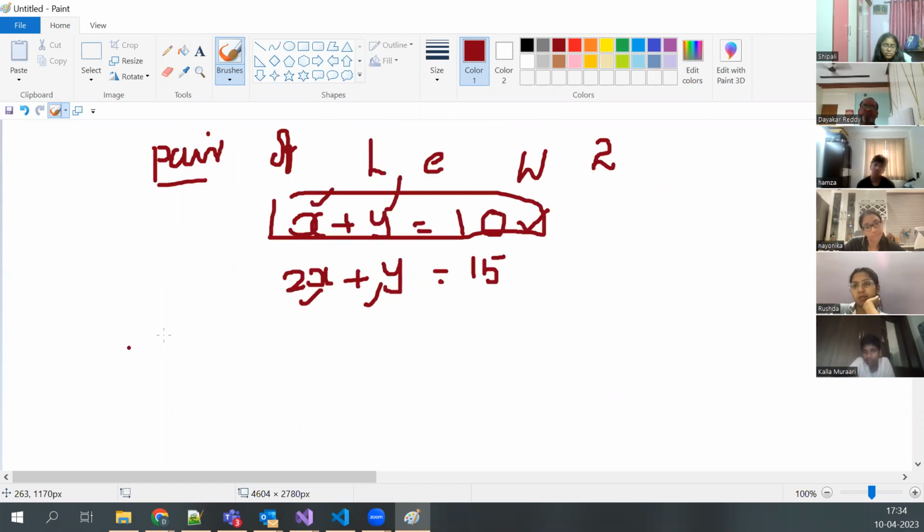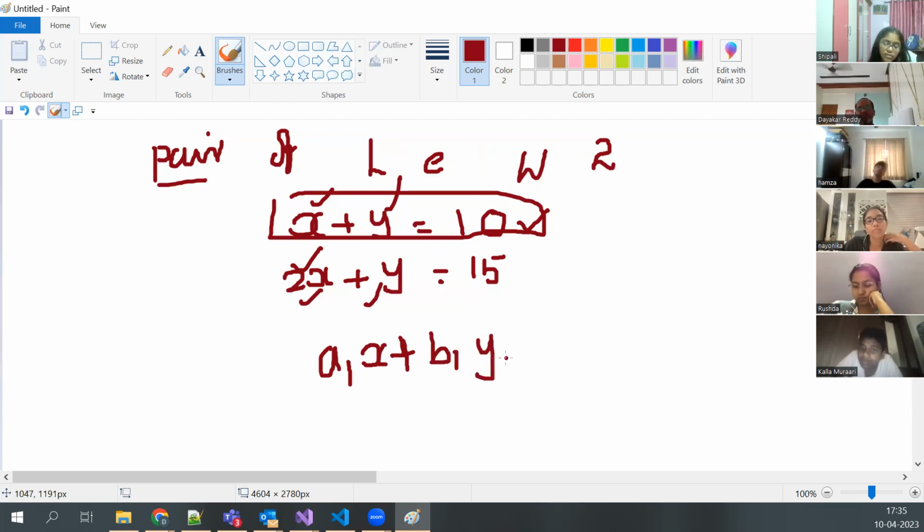Now, I can put ax plus by plus c equal to 0. That is a linear equation with two variables. But when you are talking about a pair, I can assume a1x plus b1y plus c1 equal to 0.